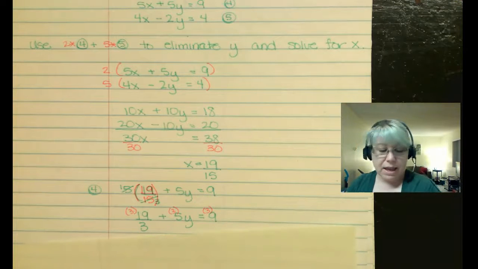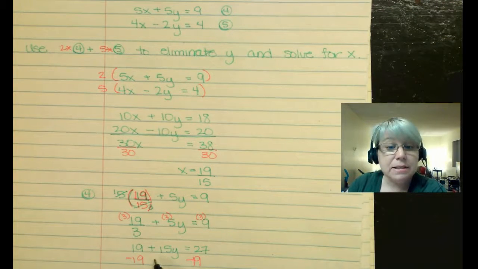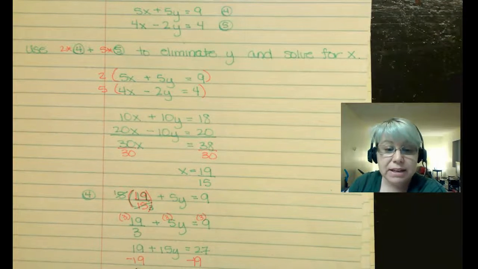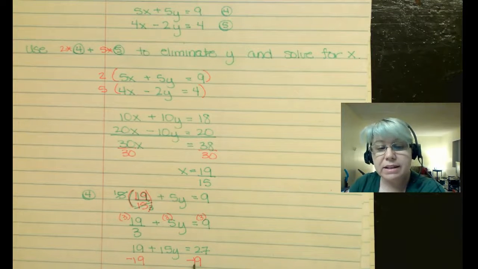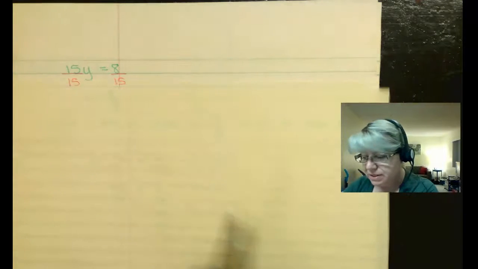By doing that, I get 19 plus 15y equals 27. So let's subtract 19 from the right, subtract 19 from the left, and we finally get 15y equals 8, divide each side by 15, so y equals 8/15.